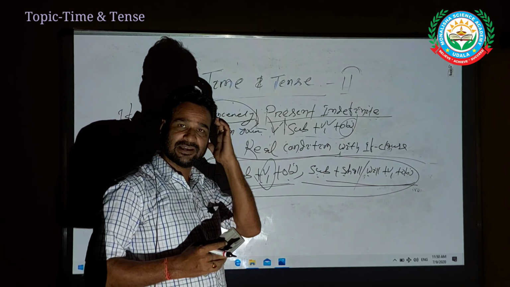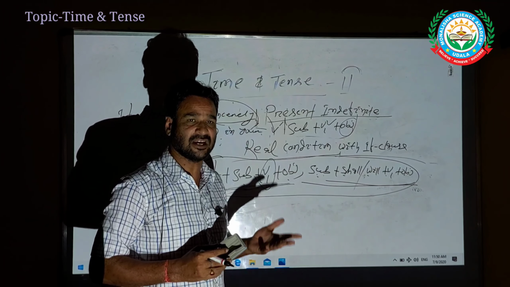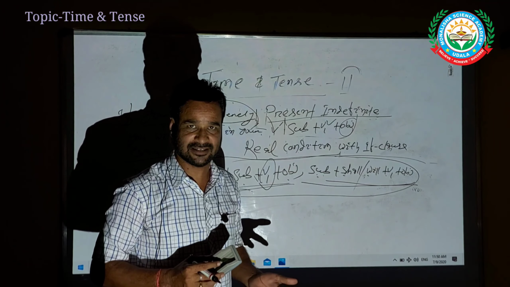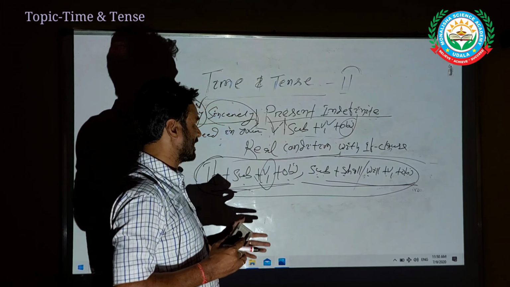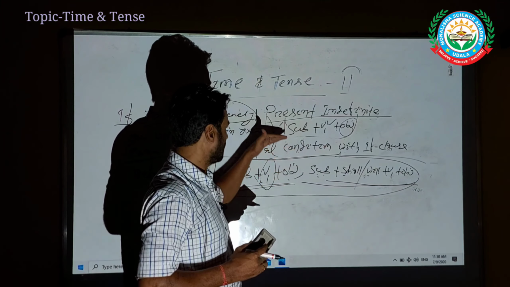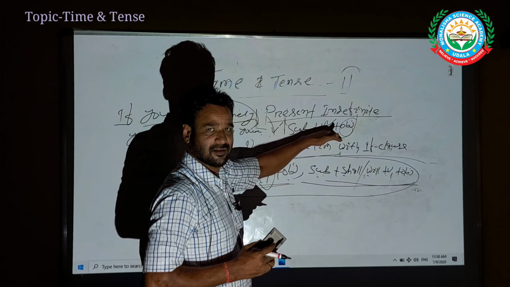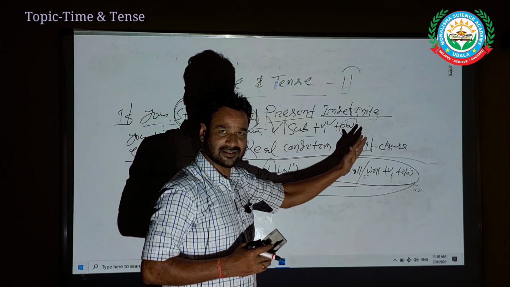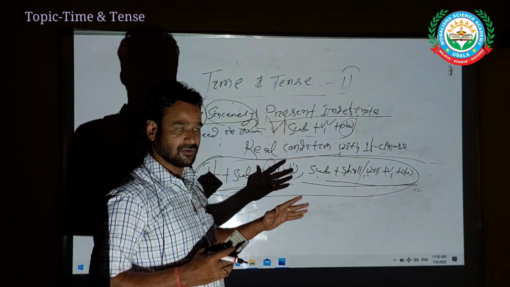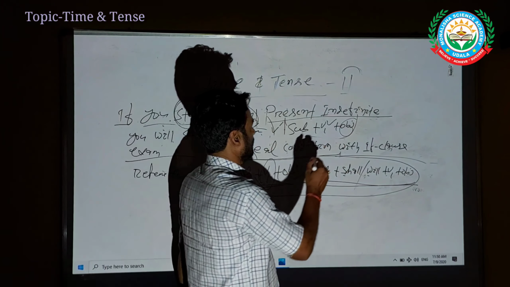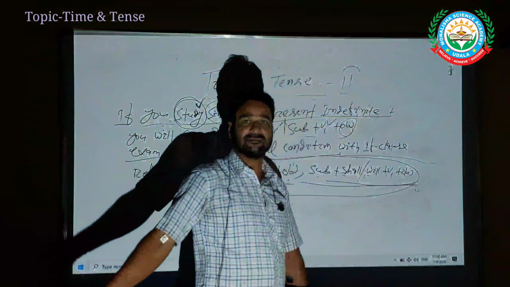So if you want to express these facts, scientific facts, universal facts, habitual facts, and some general facts, that time you should take help of this structure, subject plus V1 plus object. It belongs to the present indefinite tense, and this present indefinite tense is used to express a present time action.